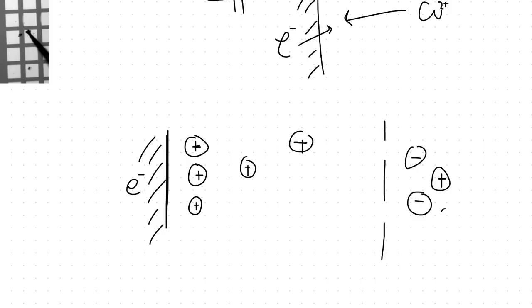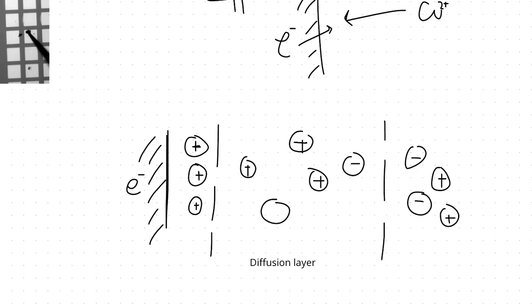But before that, there's what we call the diffusion layer, where diffusion takes over and the ions transport themselves to the electrode because they can see the negative electrode and they are attracted to it.